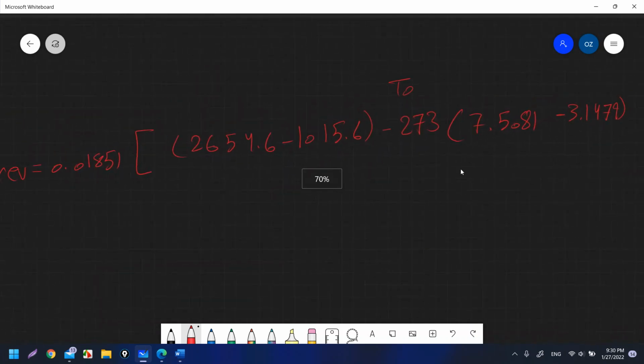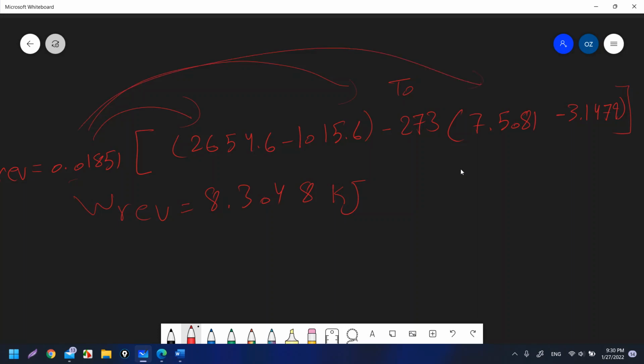So the reversible work will be 8.3048 kilojoule. Don't forget to put the bigger bracket, because you do not multiply the mass by the internal energy directly. You have to put the bracket. The mass is distributed in every term in this equation.